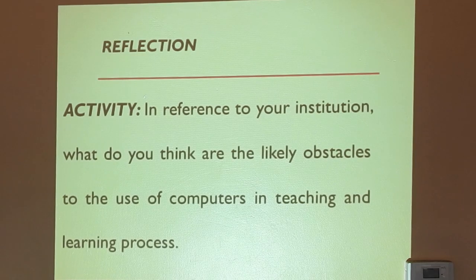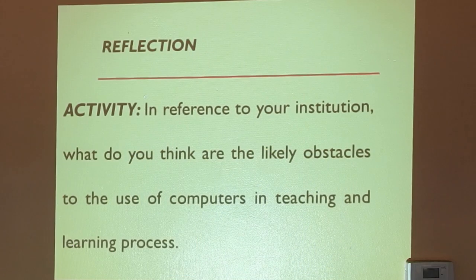Because the first thing is for you to understand and appreciate the impeding factors, or what we call the obstacles. The moment you understand those obstacles, then it will be easy for you to find a solution.